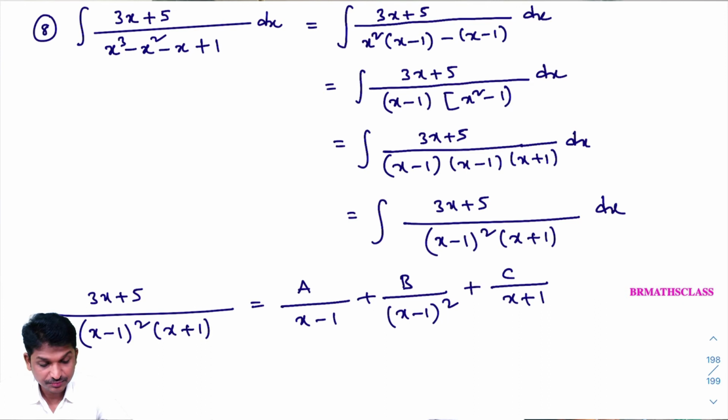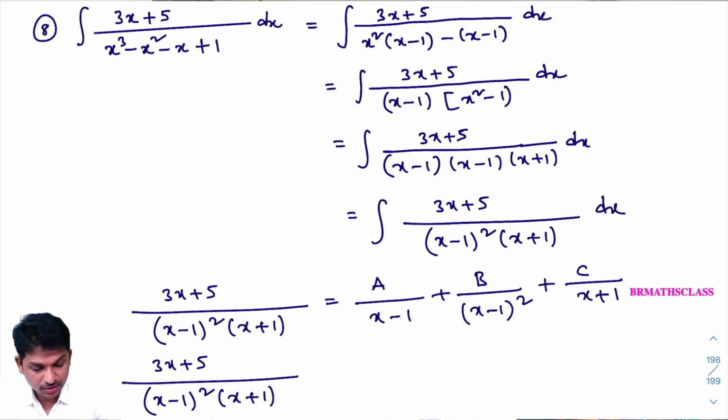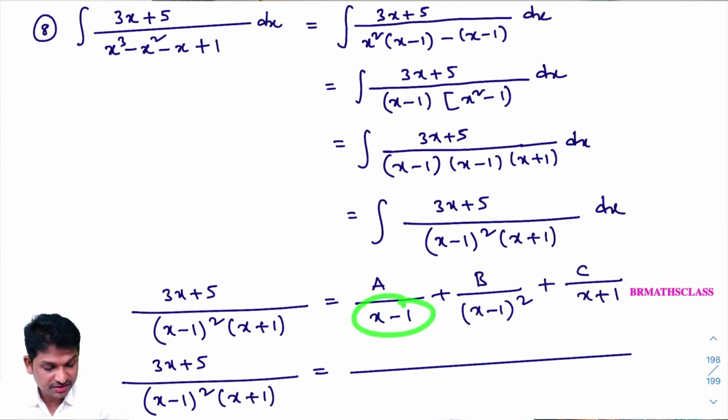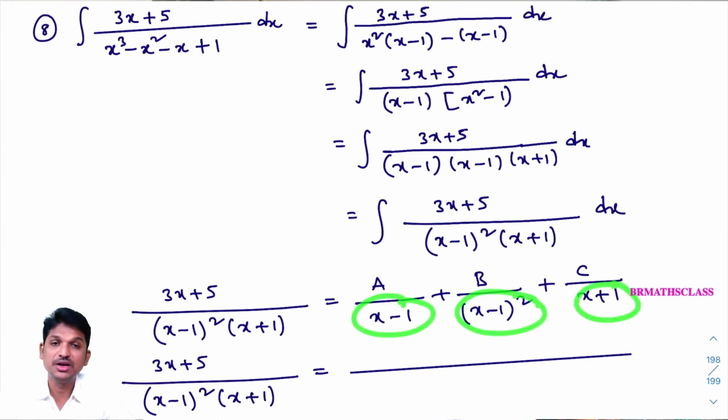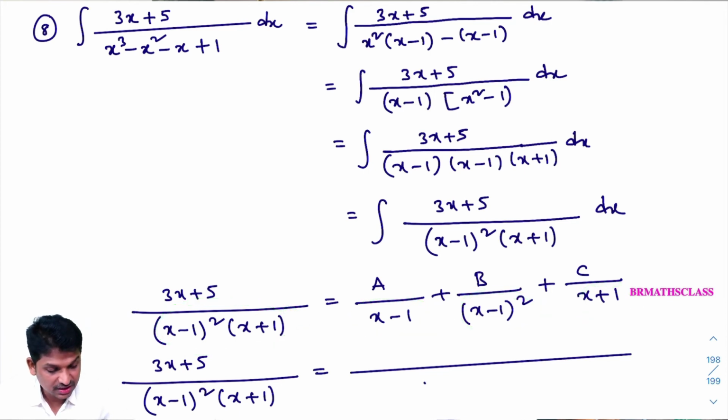Right. 3x plus 5 equals, what is the LCM? What is the LCM of x minus 1 whole square and x plus 1? Same thing you will get: x minus 1 whole square into x plus 1. Here a into, I already explained in the last problem, here x minus 1 is there.